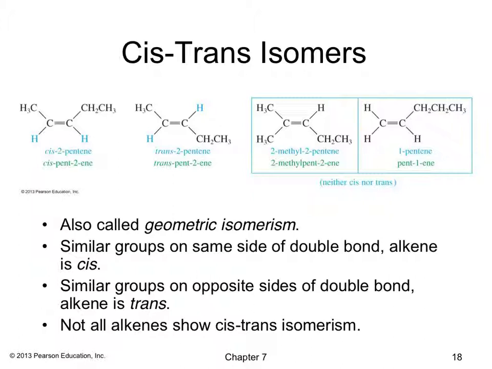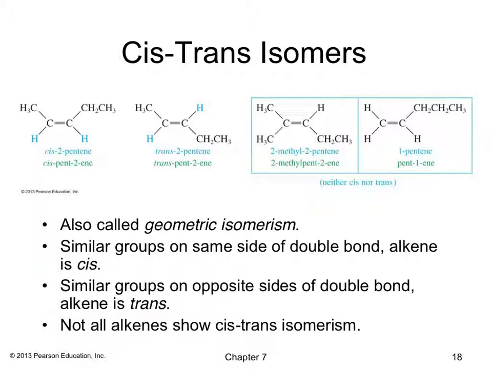So again, in an exam, if you're asked to do nomenclature, you should make sure that the cis is underlined so that I know that this should be in italics. This would be the trans-2-pentene because they're on opposite sides. And these are neither cis nor trans because these are equivalent, so this could be both, and this is just on one side.